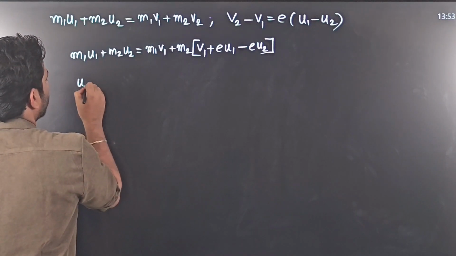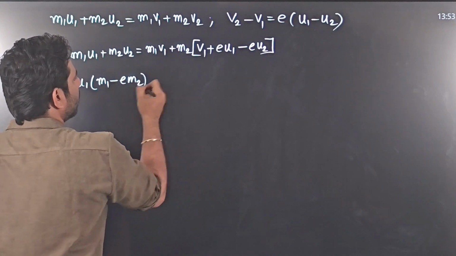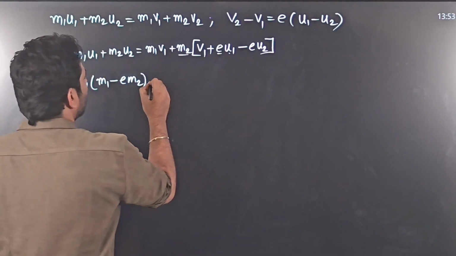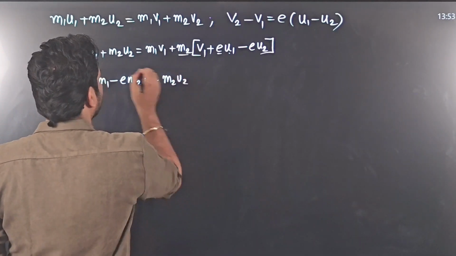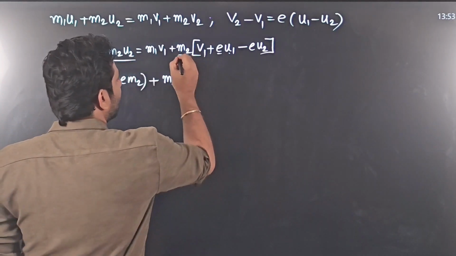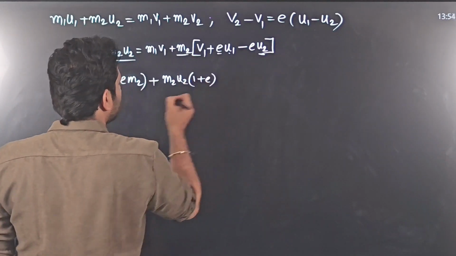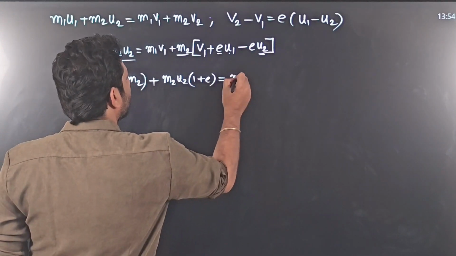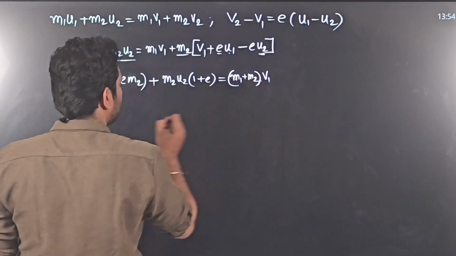I'll take u1 common. Then I have m1 minus E m2, because m2 E u1 on the RHS comes to the LHS, plus m2 u2 common, because I have m2 u2 here on the LHS and m2 E u2, multiplied by 1 plus E, is equal to m1 plus m2 into v1.